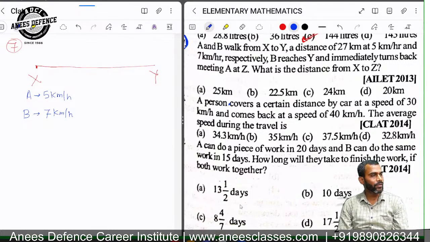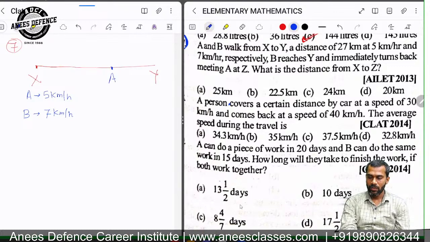But obviously B will reach first. Yes or no? And then he has to come back. So suppose A is here and B is also here after coming back from Y.